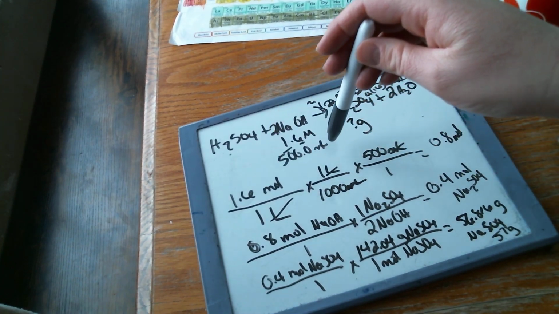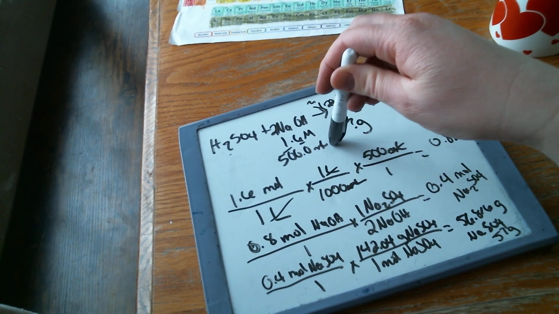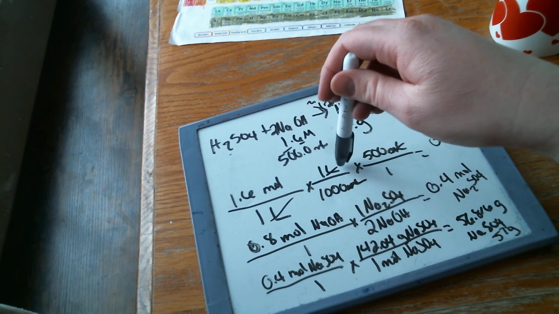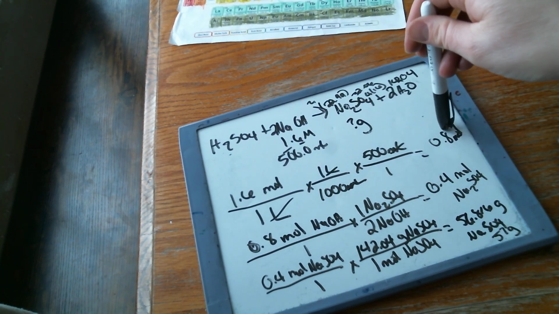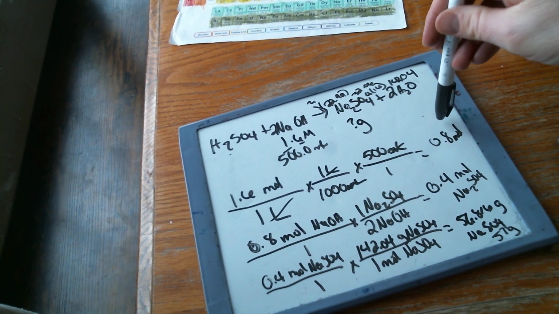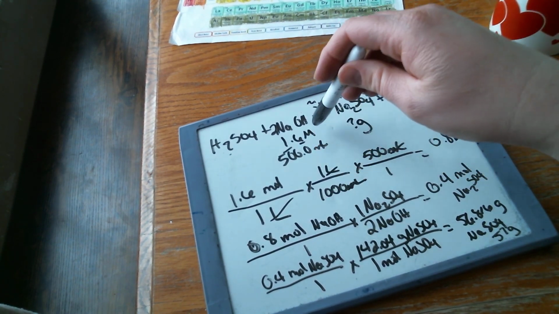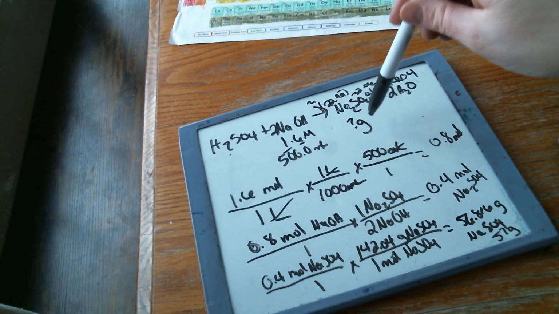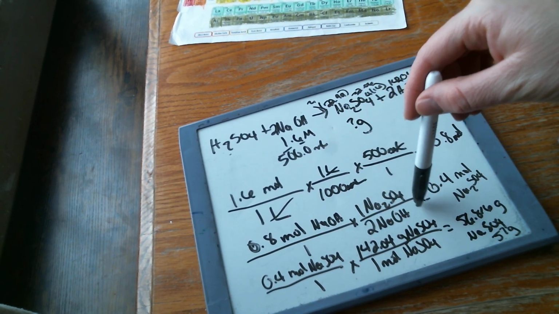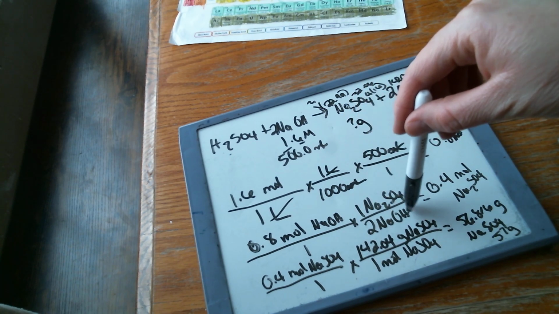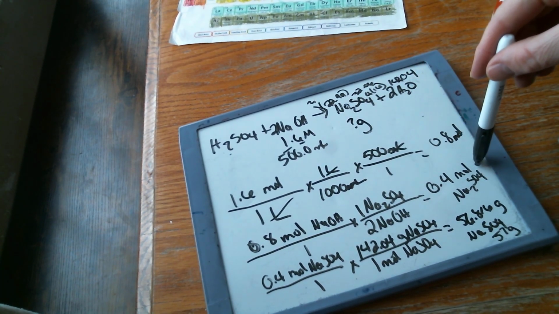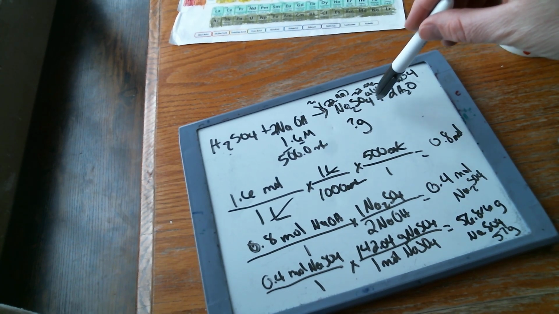If you always start with what you're given and put it over 1, and then use your molarity as your conversion factor, you should still get 0.8 moles. You take that answer, the moles of what you're given, and you figure out in your balanced chemical equation how to compare those to what we're trying to find, to get the moles of what you're trying to find.